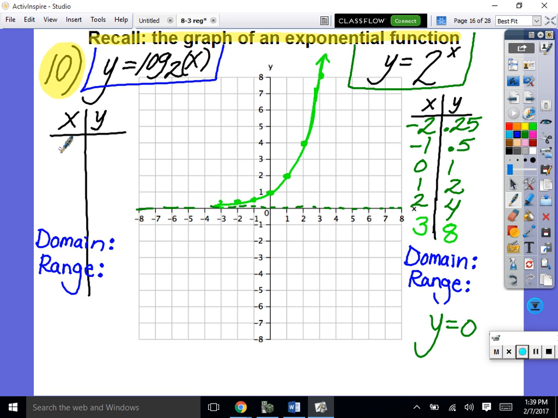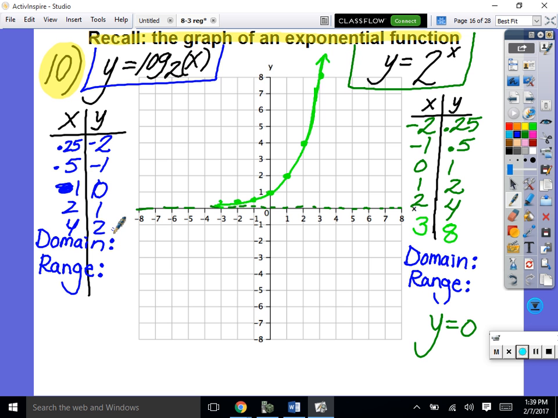So we'd switch x and y. So 0.25, negative 2. 0.5, negative 1. We're switching x and y because that's the inverse. And then 0, 1. Other way around. 1, 0. And then over 2 up 1. Over 4 up 2. Let's plot those. And then over 8 up 3.